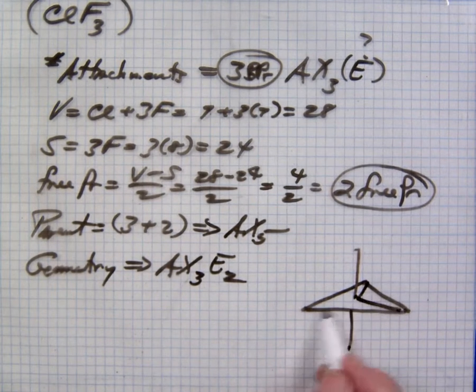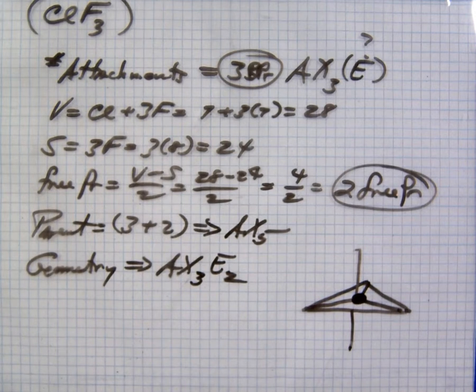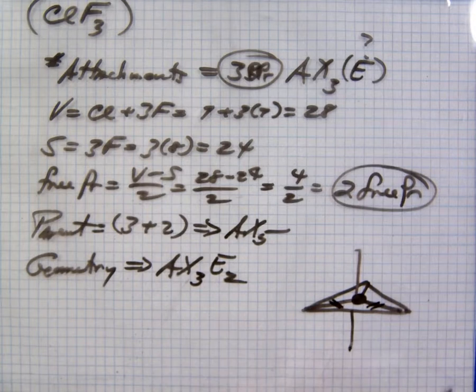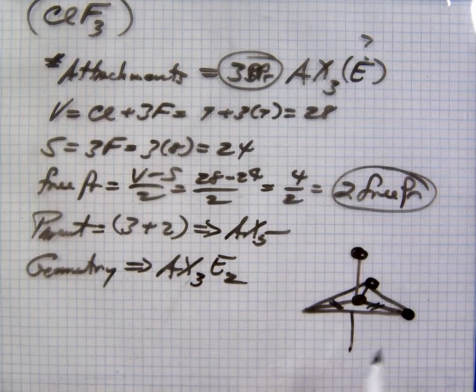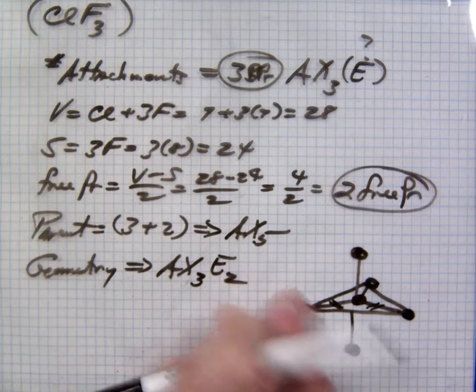Put our bars in for bonds, and we start putting there's the central element. Where do the electron pairs go in this? Into the plane. Okay, so. And then everything else is left bonded. Oh, sorry, that was not bonded.